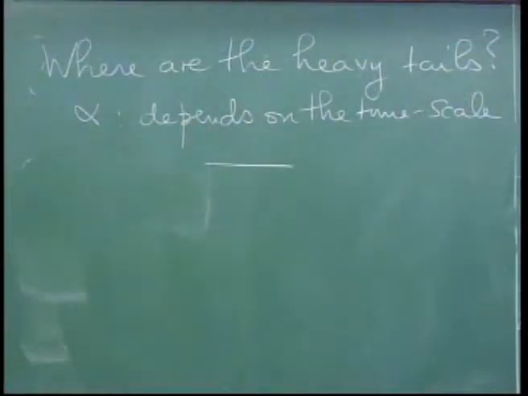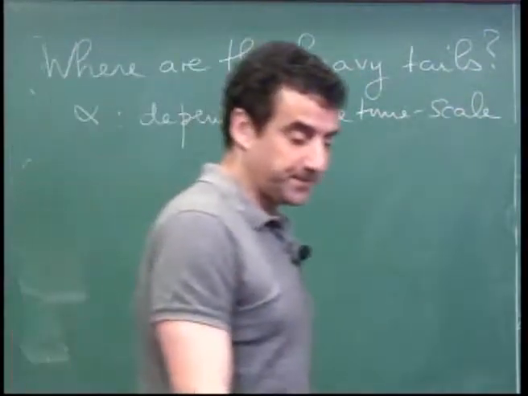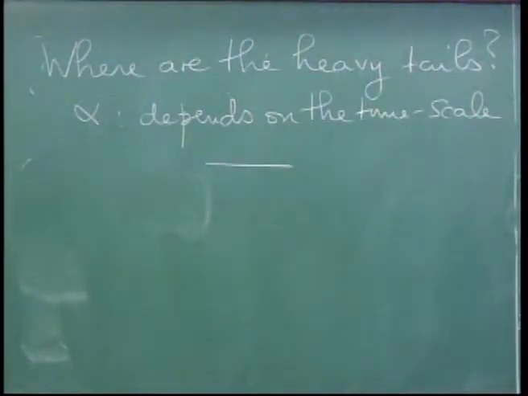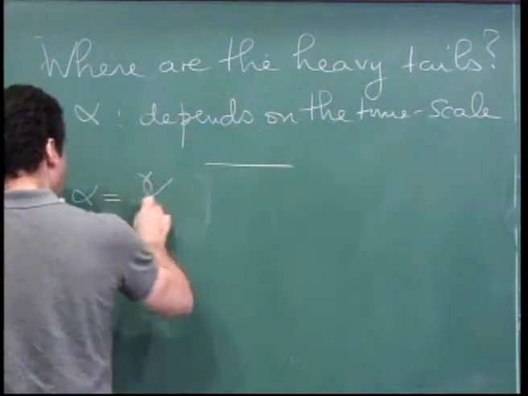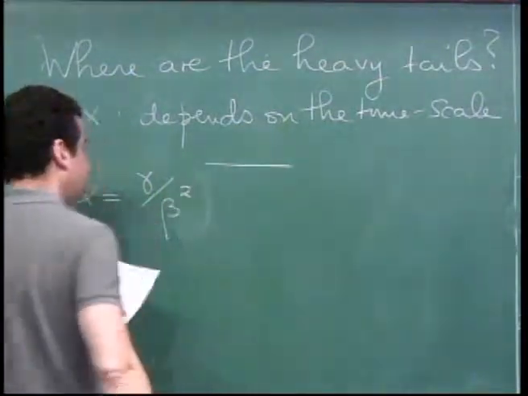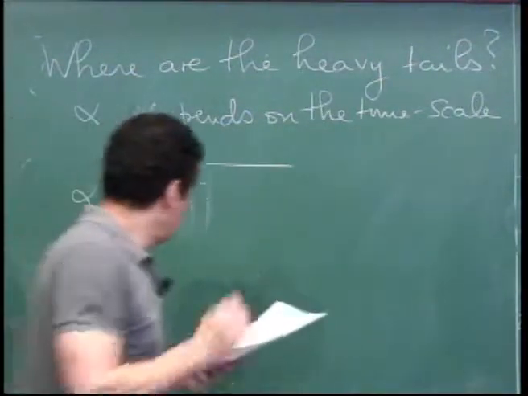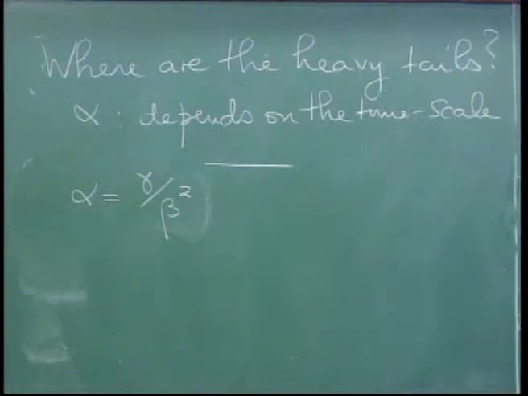But now I want to state the theorem properly. It's better if I give you what the alpha is. So the alpha is, in fact, simply gamma over beta square. In fact, there's also a normalization constant here. So let me state the theorem properly.